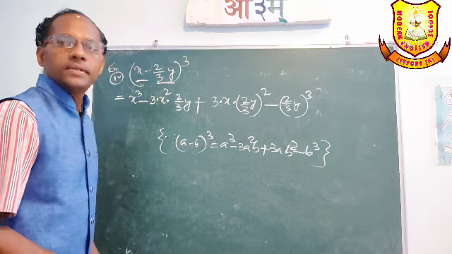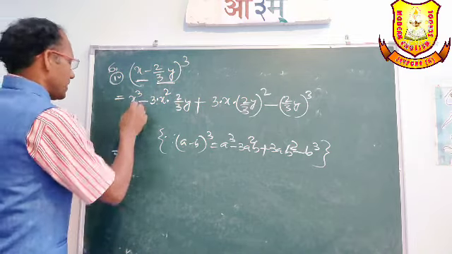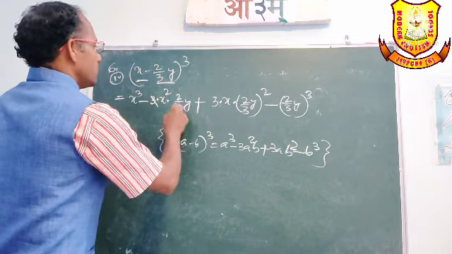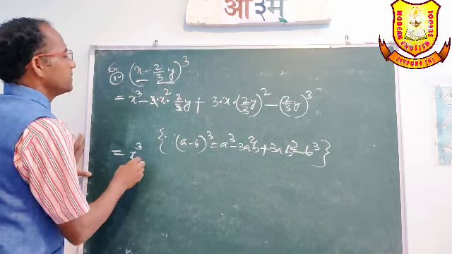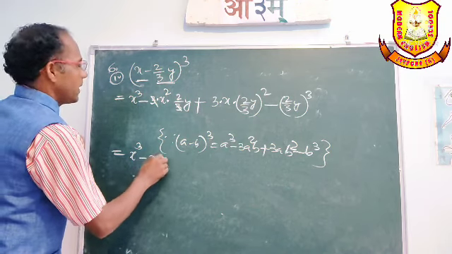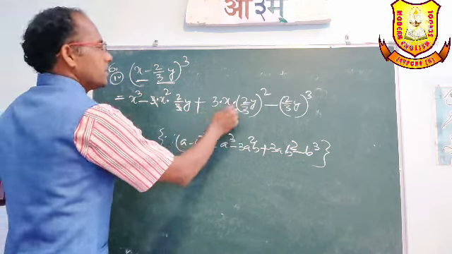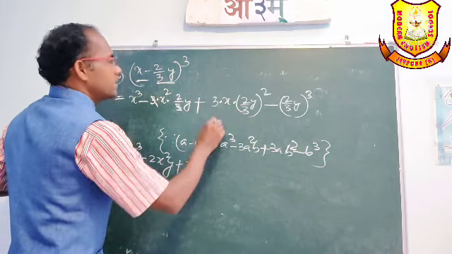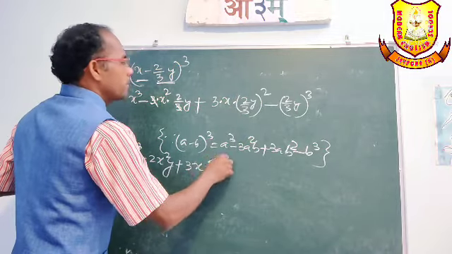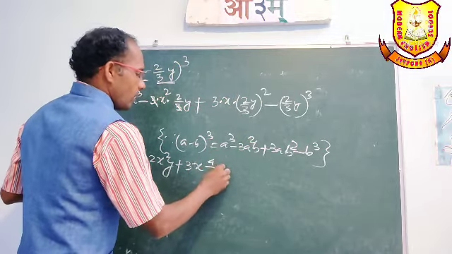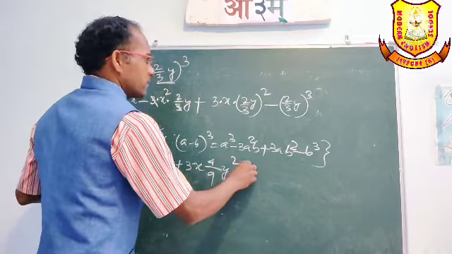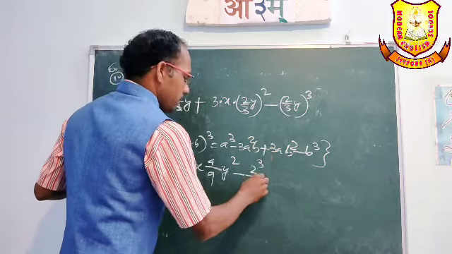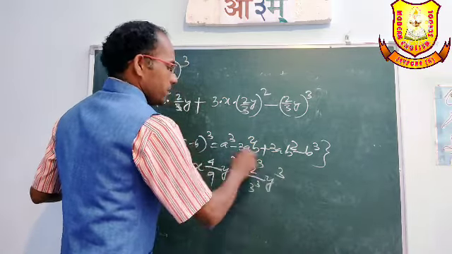Okay, good. This implies x cube, 3 cancelled, so this will be minus 2x square y, plus 3 into x, 2 square equal to 4 by 3 square equal to 9, y square, minus 2 cube by 3 cube into y cube.